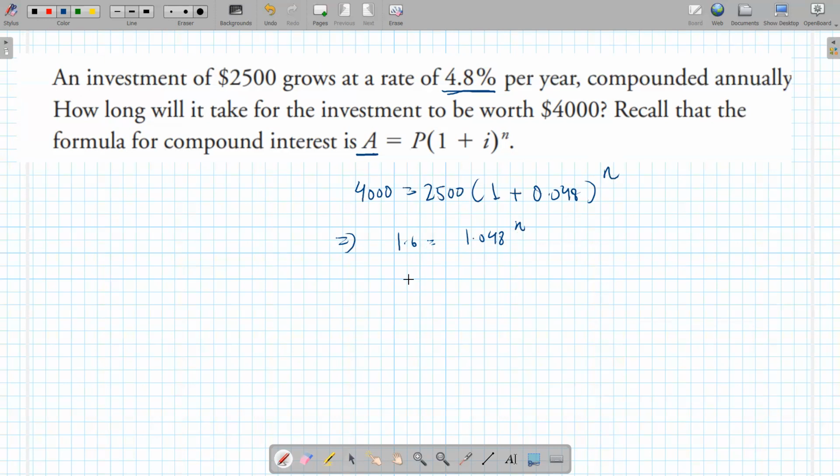Now you do log, because last time it was easy because 8 you can write in terms of 2. Here I don't even want to bother, it's probably going to be some weird number, so you're going to log both sides. So it'll be log of 1.6 equals n times log of 1.048, and let's see how long it takes. Log of 1.6 divided by log of 1.048, the answer is 10 years.